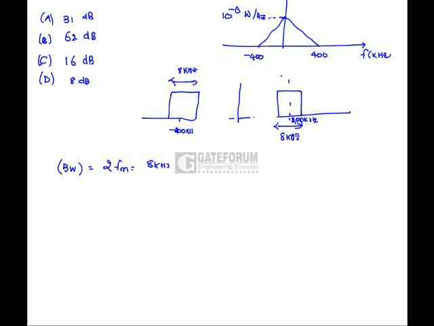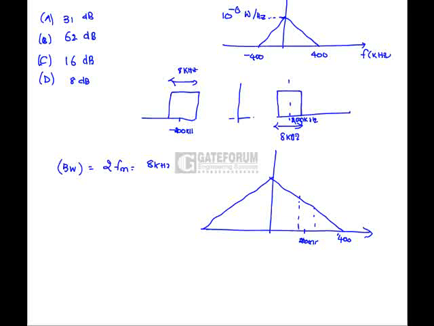So if we pass this signal through a channel which has a PSD in this way, the signal is going to be affected in this way. Here this is the PSD of the channel. This is 400, so exactly in the middle we get 200 kHz. The signal bandwidth is 8 kHz. Here also this is minus 400 kHz, so exactly in the middle we get minus 200 kHz.